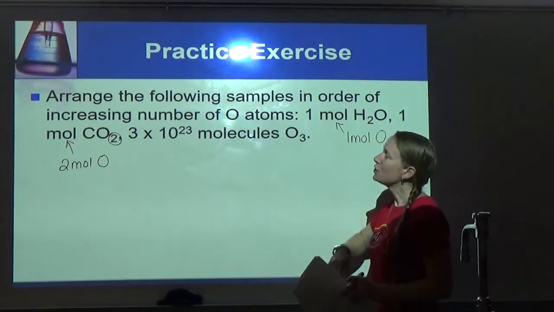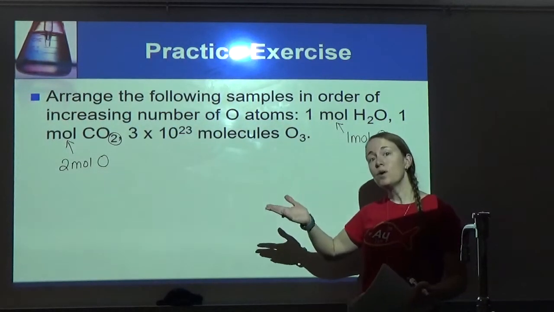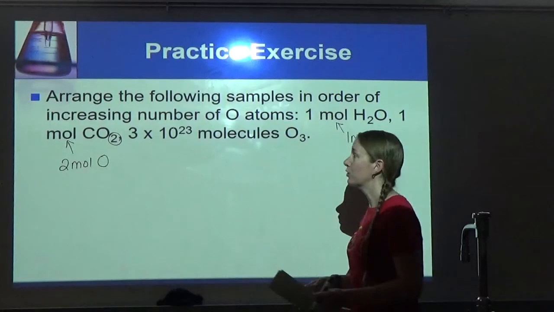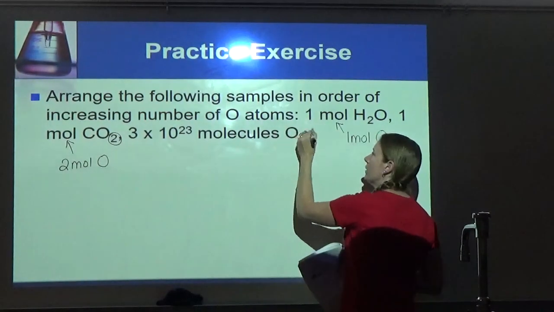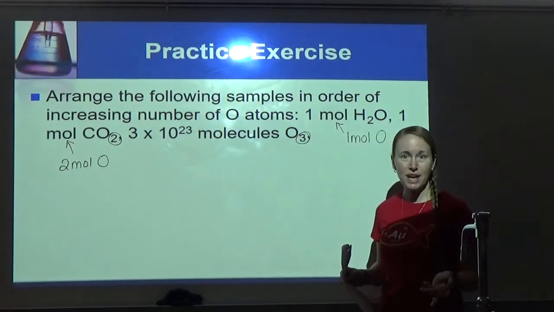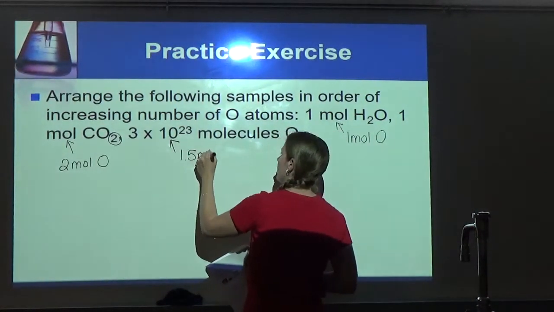And then last is 3 times 10 to the 23 molecules of O3. I know 1 mole is about 6 times 10 to the 23, so this would be 0.5 moles. However, I get 3 oxygens from it, so 0.5 times 3 is 1.5 moles.